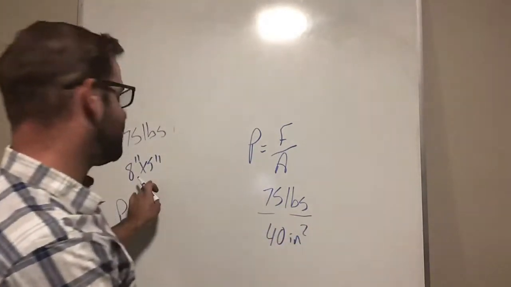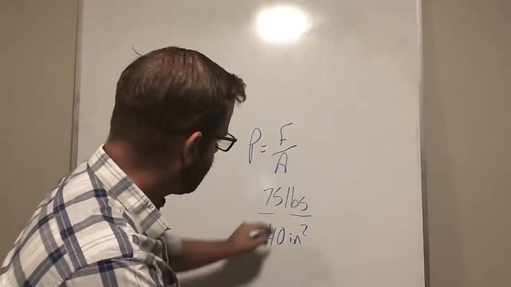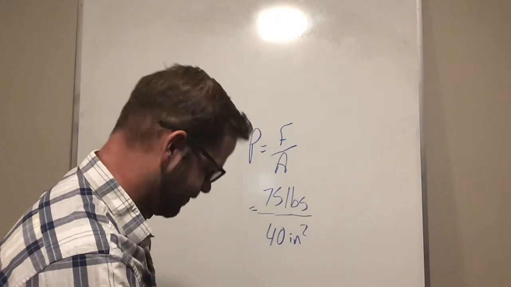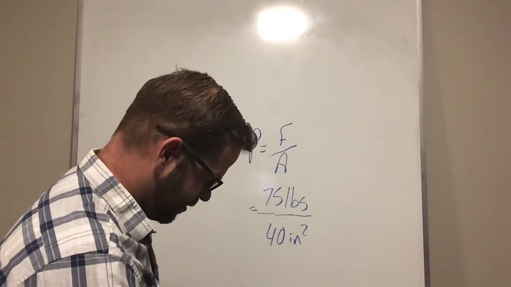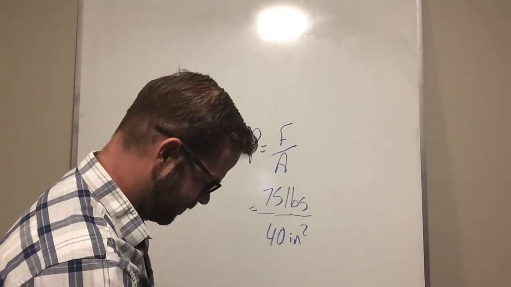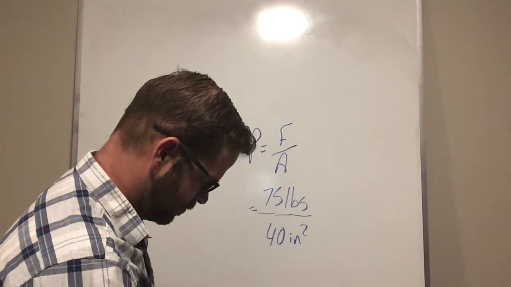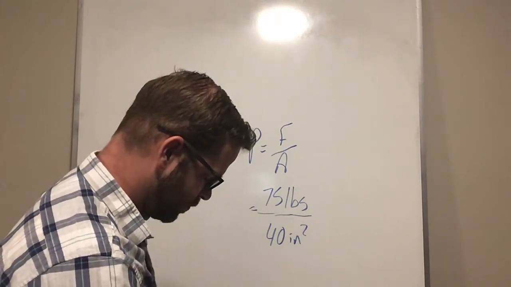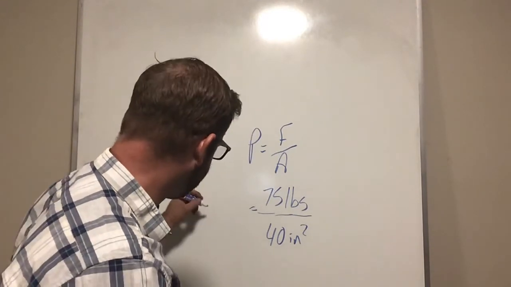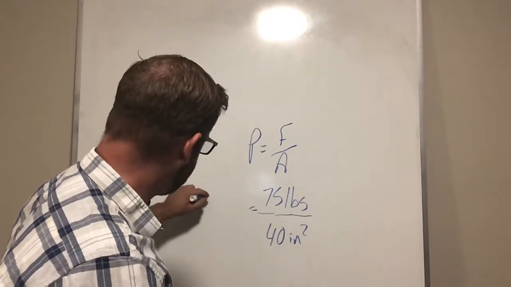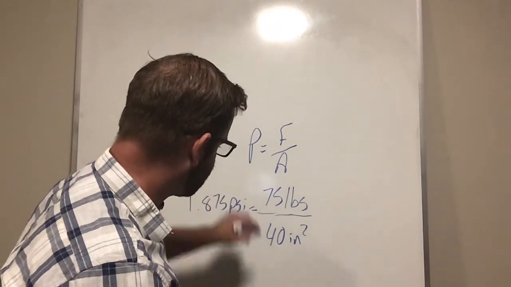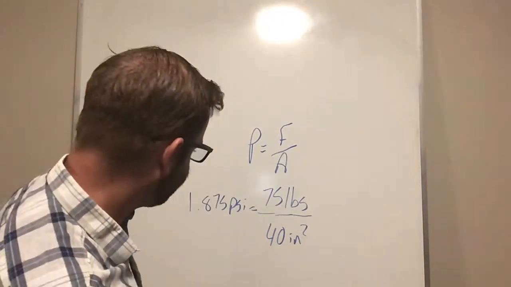Right, 8 times 5 is 40. And it's just a matter of simply punching out 75 divided by 40. So 75 divided by 40 is 1.875. So 1.875 psi.